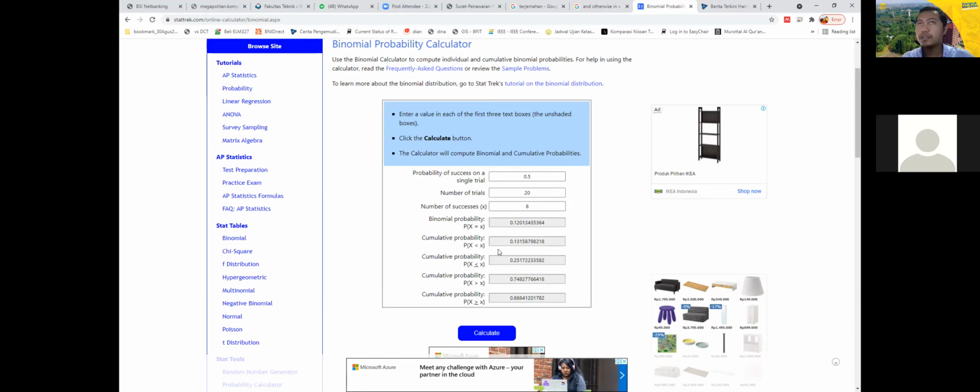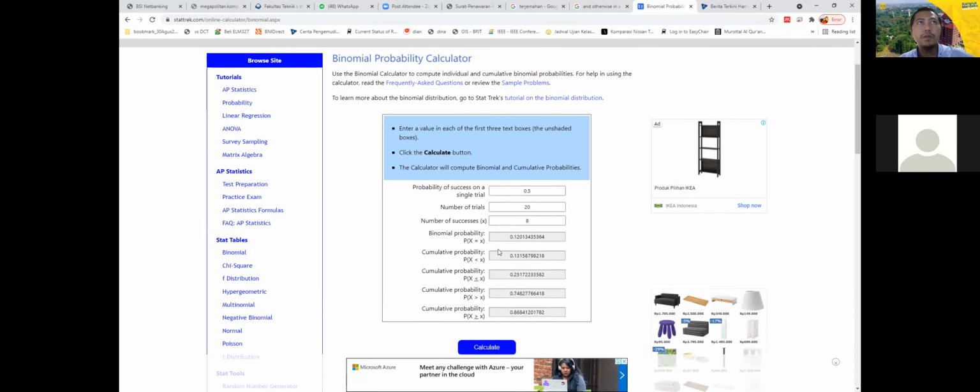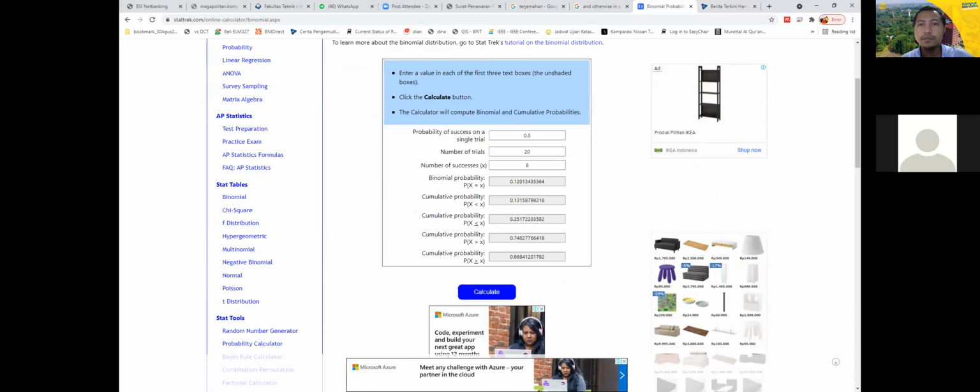Okay, remember that this time we want the probability of x less than or equal to 8. Okay, we pick up this one, probability of x equal to 8, actually this is the small x, which is equal to 0.257.